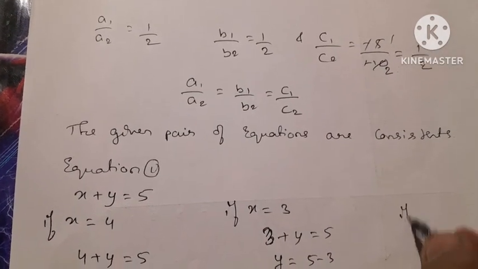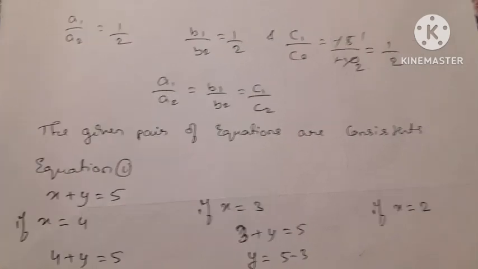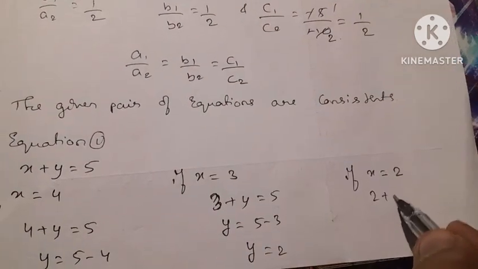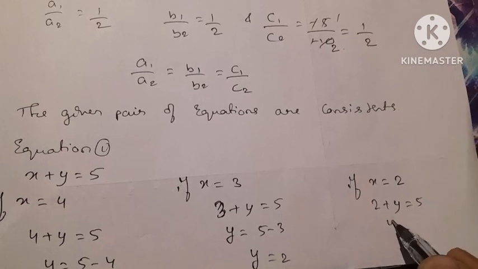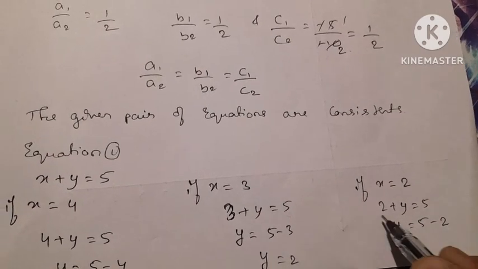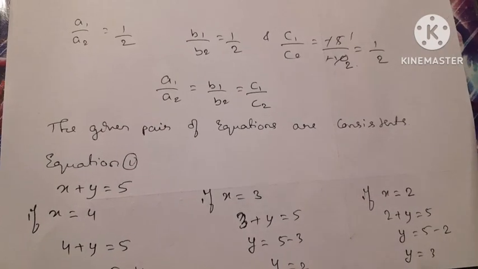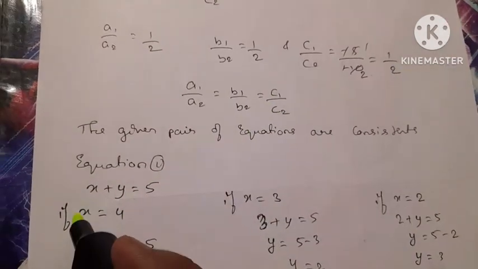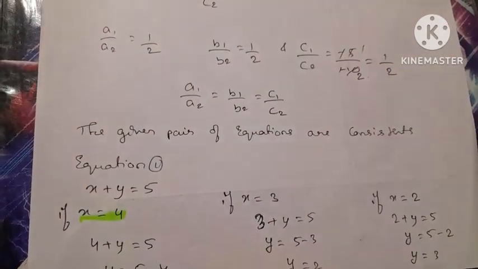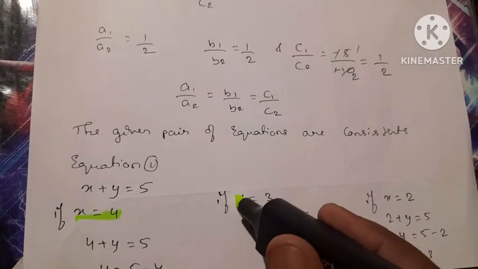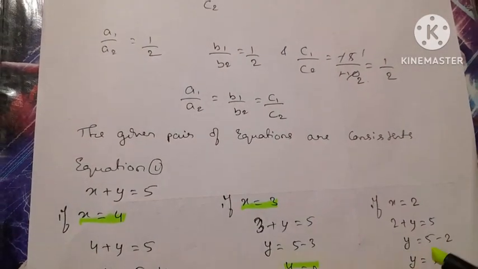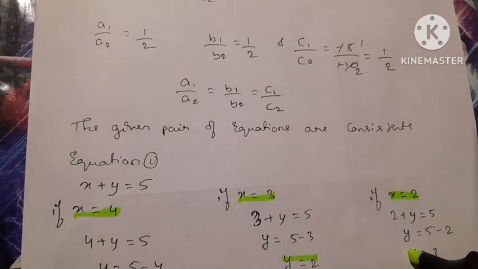And if x is equal to 2, then 2 plus y equal to 5, y is equal to 5 minus 2. If we send 2 here, it will be minus, so y equal to 3. So we got 3 points: if x is 4, y is equal to 1; if x is equal to 3, y is equal to 2; if x is equal to 2, y is equal to 3.